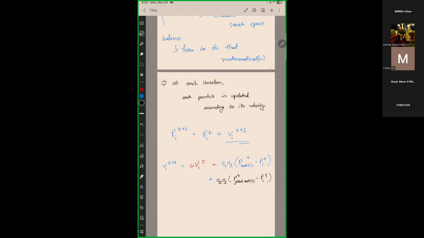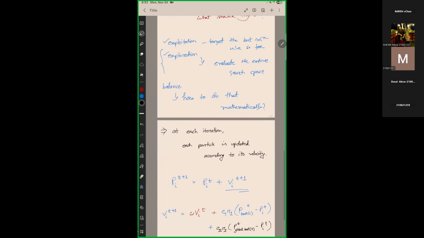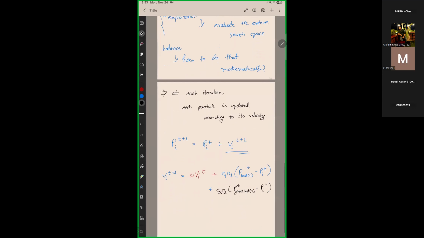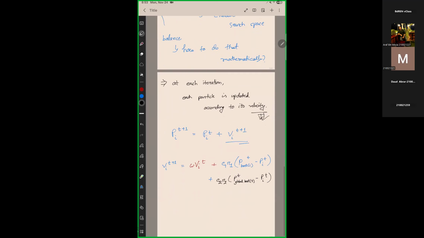Okay, so this is the update equation, velocity update. So velocity change means the position is changed of that particle. How the velocity is changed, that's what our question is. Okay. Velocity, how the particle is moving, is changing its direction, changing its position, everything is based on velocity. How the velocity is changed based on this equation. Okay, we are going to discuss this equation gradually, one by one.